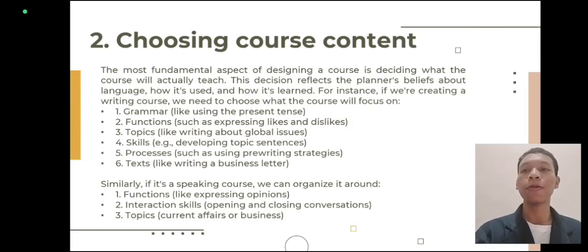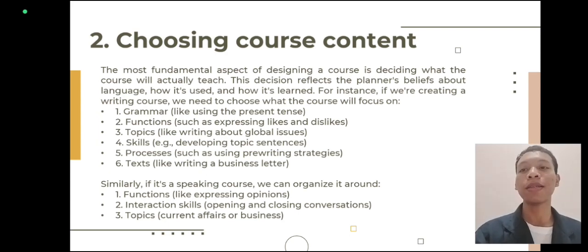Okay, number two is choosing course content. The most fundamental aspect of designing a course is deciding what the course will actually teach. This decision reflects the planner's beliefs about language, how it's used, and how it's learned. For instance, if we are creating a writing course, we need to choose what the course will focus on.